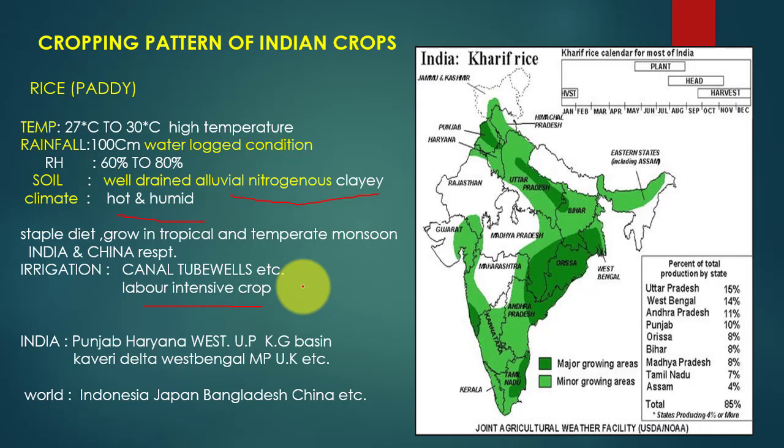The answer was India, not China. But now I don't know which country grows more rice in the world: Indonesia, Japan, Bangladesh, China, etc.